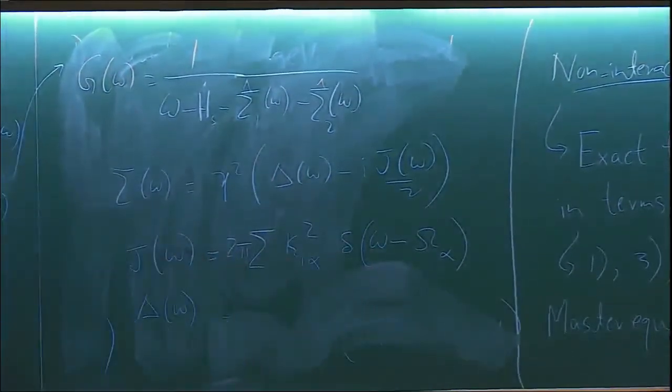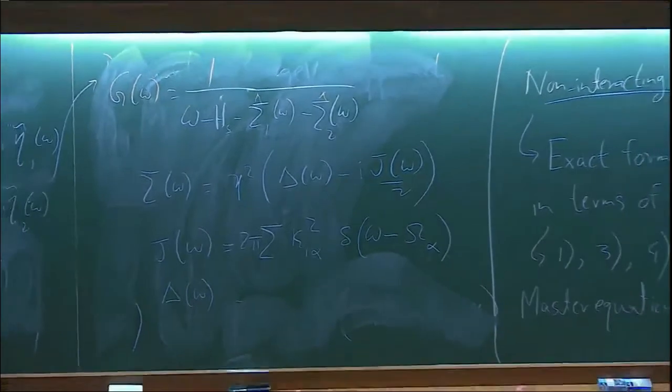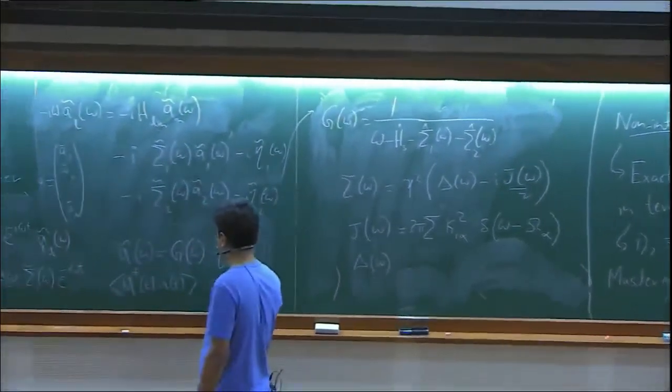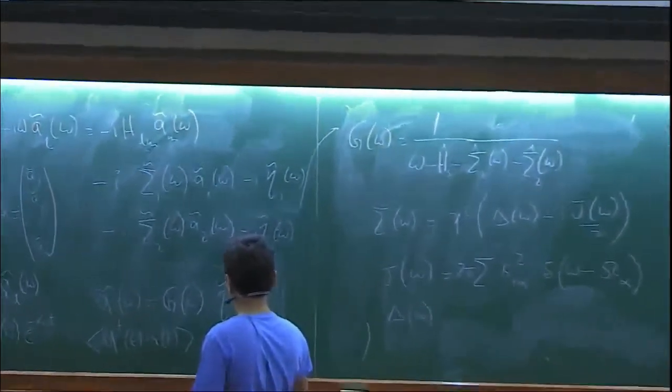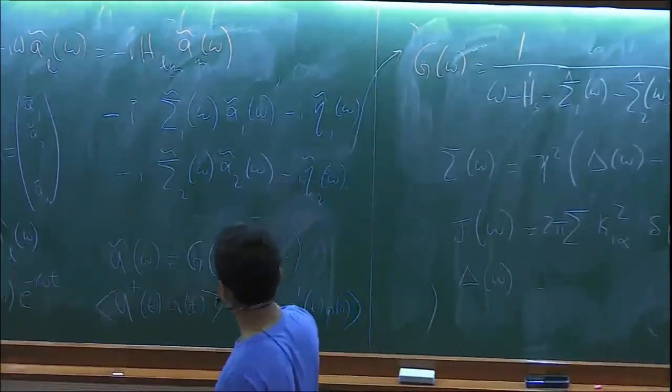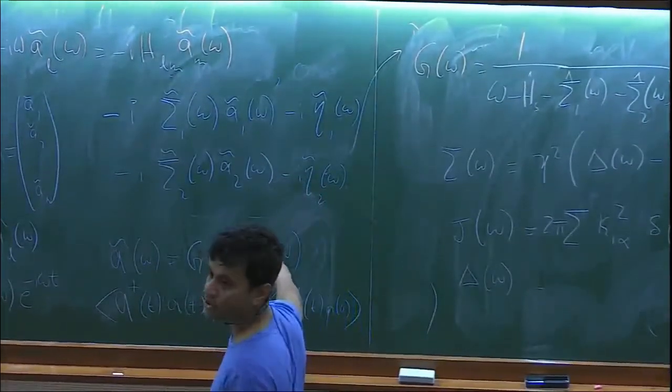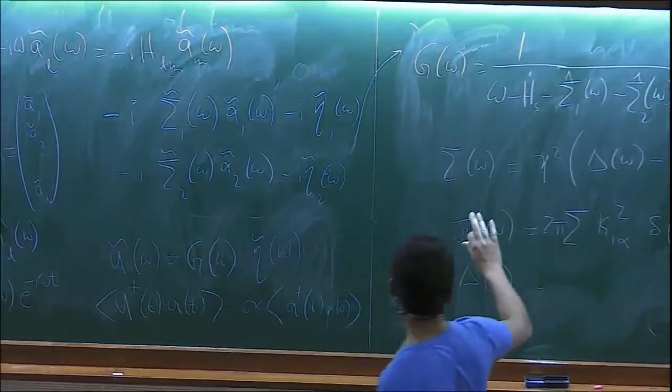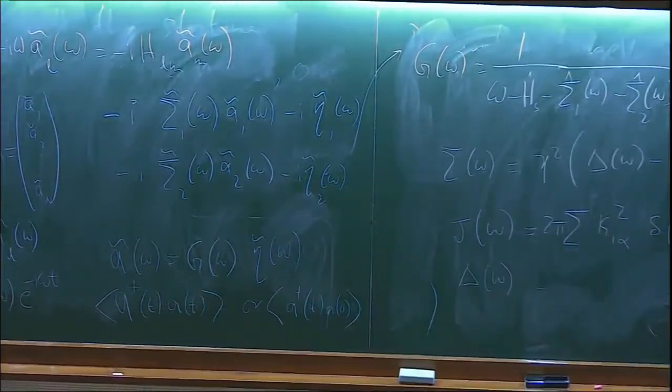Since I have a solution, if I want to compute any properties, I can just use the solution, and then I also know the noise-noise correlations, which again can be expressed entirely in terms of this j omega.